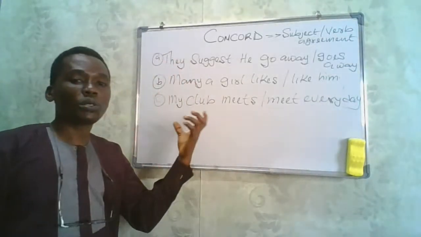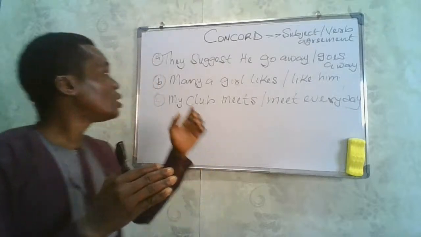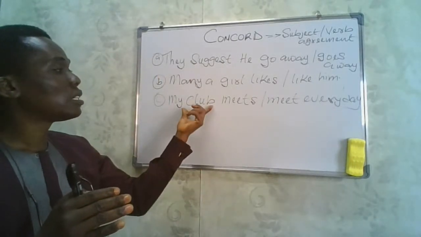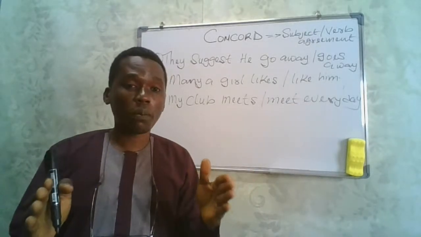Now, if you look at these 3 sentences, you come to see that there must be an agreement between the verbs, the subjects, and the verbs. Now, this is what Concord is all about.